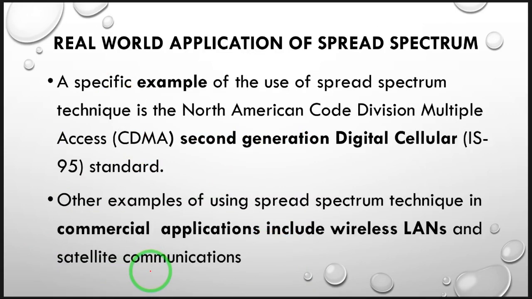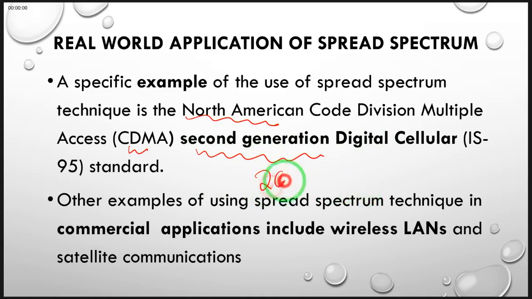Finally, we talk about how this concept of spread spectrum is used in the real world. One of the most common is North American CDMA, which provided a very secure second generation digital cellular communication standard.